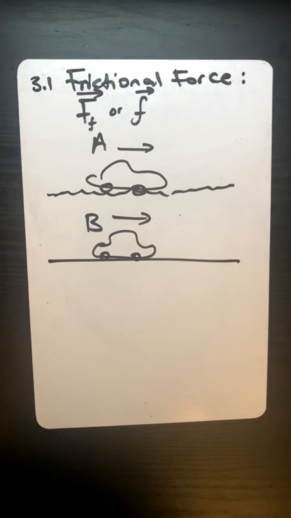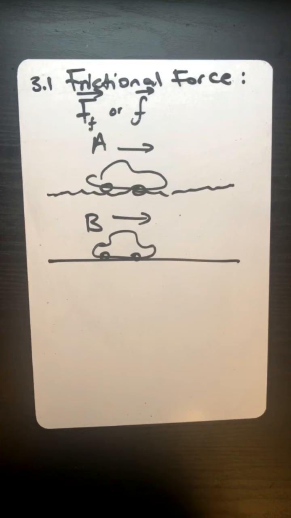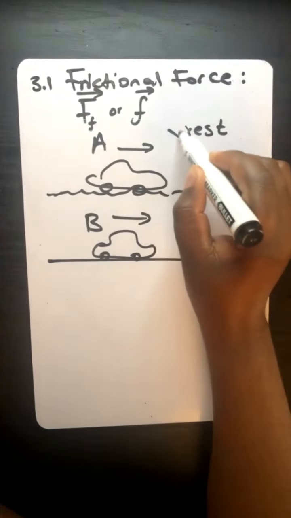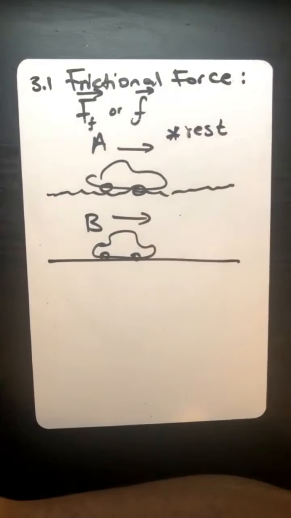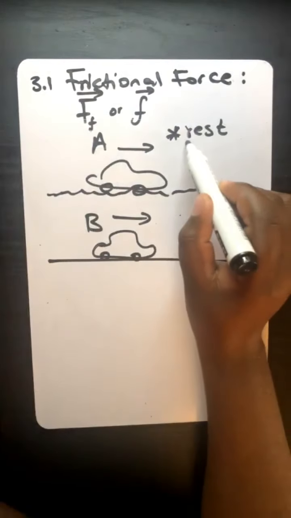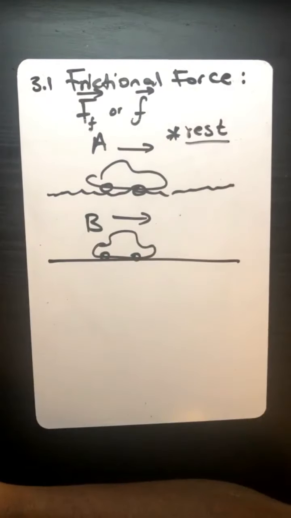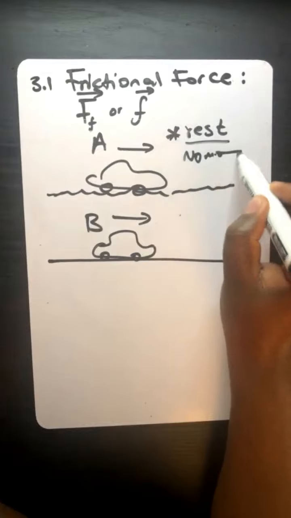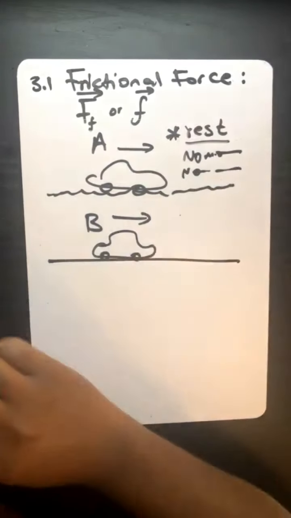So now, if an object is at rest, then there is a static frictional force. Listen to these words very carefully, guys. In physical sciences, these words are very, very important. An object at rest. The moment we talk about an object being at rest, you know it means it's actually not moving. No motion, no movement.